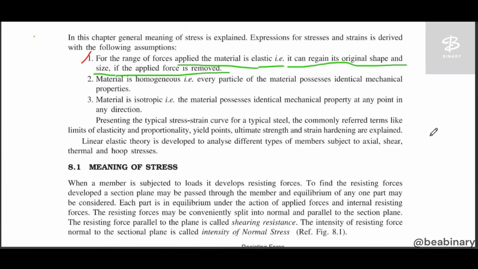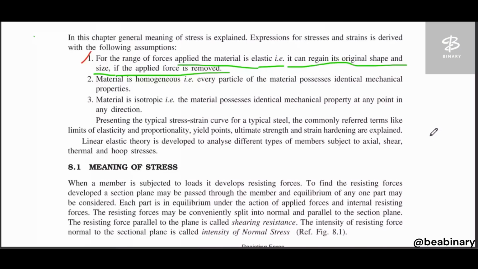If this distortion or displacement does not disappear from the body after removal of the force, then it is called permanent deformation, means plastic body. In case of plastic body, permanent deformation will remain in the body. But in case of elastic body, deformation occurs temporarily, and after removing the force, this temporary deformation disappears from the body. That is called elastic body. Suppose the human body is also an elastic body, but it depends on the material.